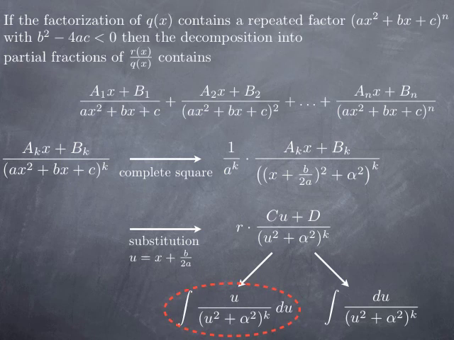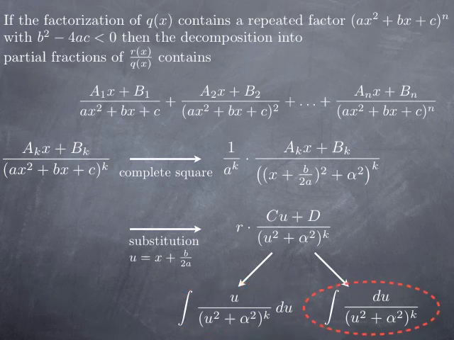At the top, we have u du, and at the bottom, we have a power of something of the form u squared plus alpha squared, whose derivative is 2u du. So if I set v equal u squared plus alpha squared, I get 1/2 integral of dv over v to the k, and that can be integrated. So we have no problem with this part.